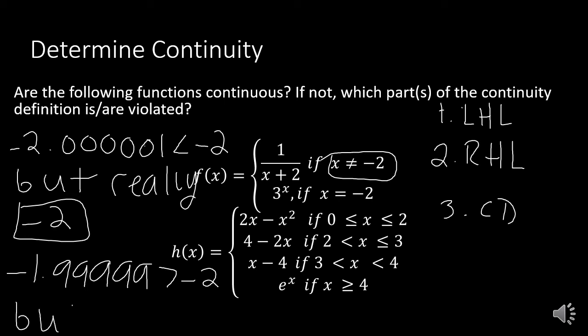Those are technically bigger, or the right-hand side of negative 2. But when you introduce limits, those numbers are so close to negative 2 on either side that they are basically negative 2.